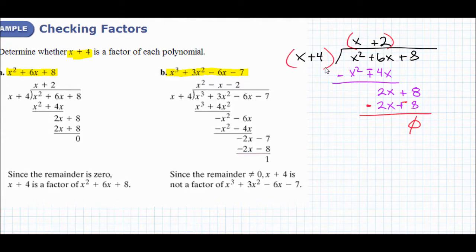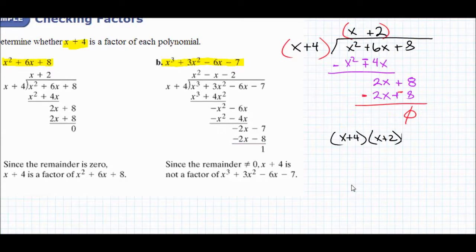The factors of the polynomial x squared plus 6x plus 8 are x plus 4, which was our divisor, and x plus 2, which is our quotient. So on A it worked. On B, we have x cubed plus 3x squared minus 6x minus 7.